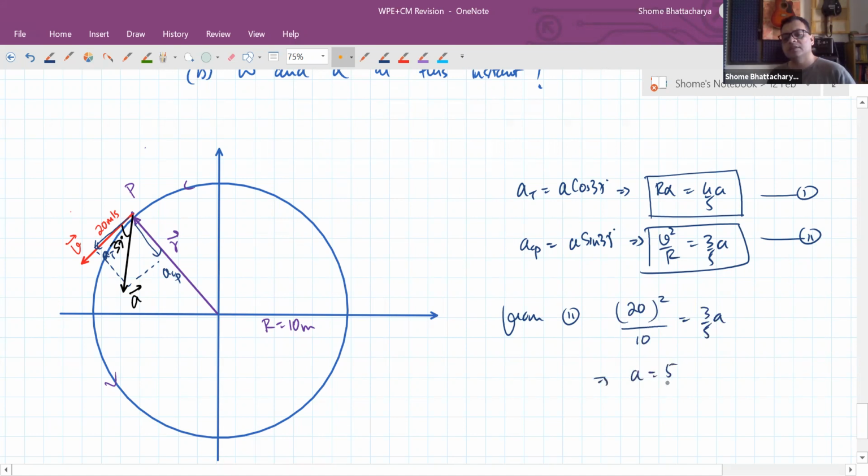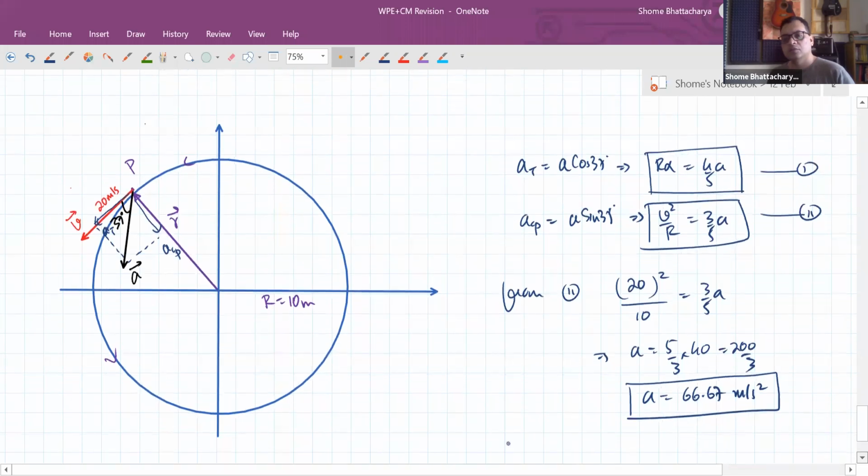So the magnitude of acceleration is 5 by 3 into 40, or 200 by 3, or 66.67 meters per second square. This is the magnitude of the instantaneous acceleration.